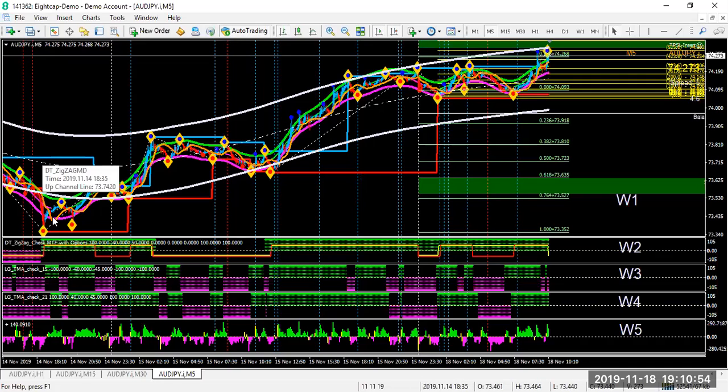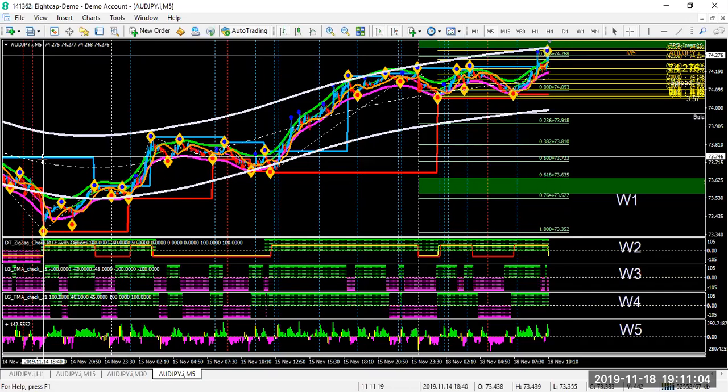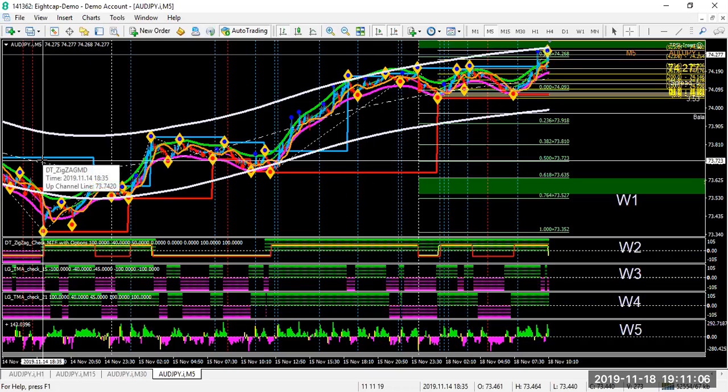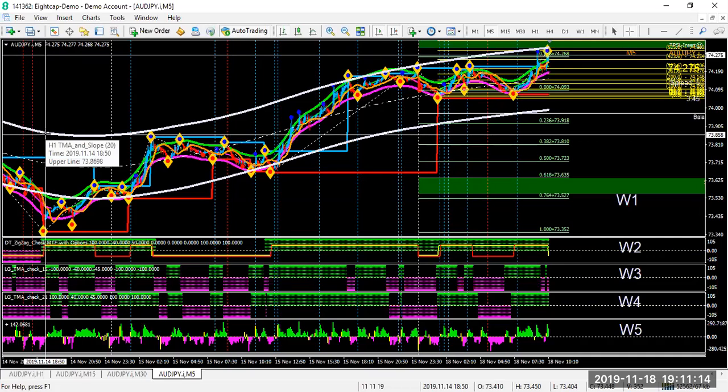So when you get momentum, you already know that your price at the minimum is going to get to there, but more likely to get there and beyond.